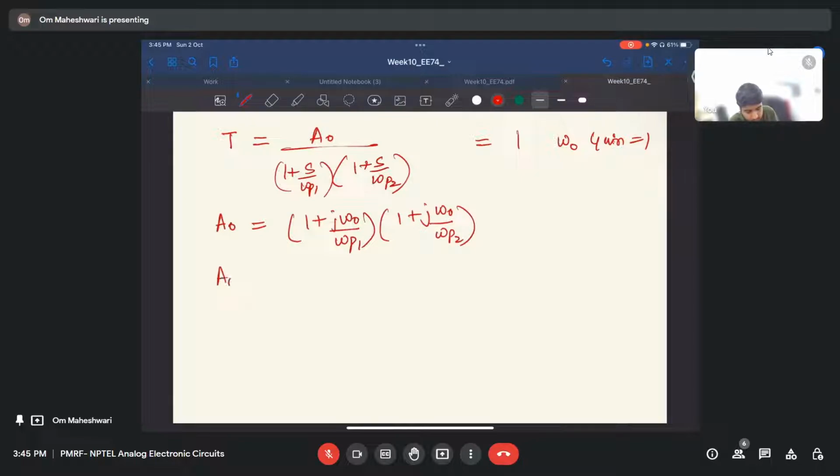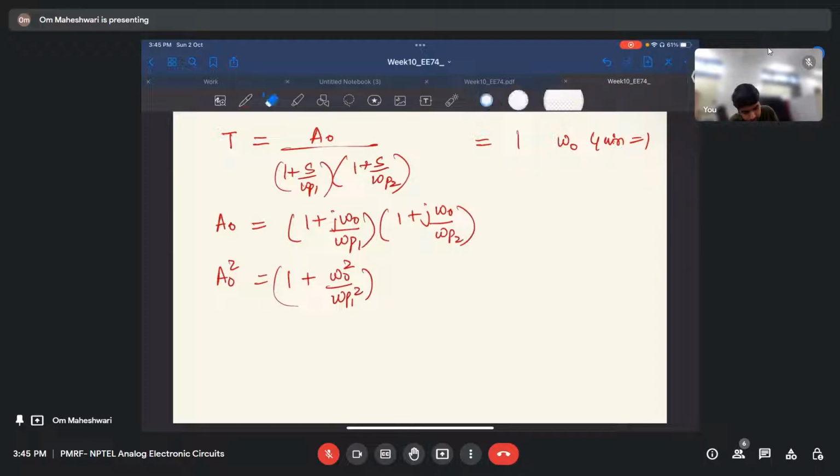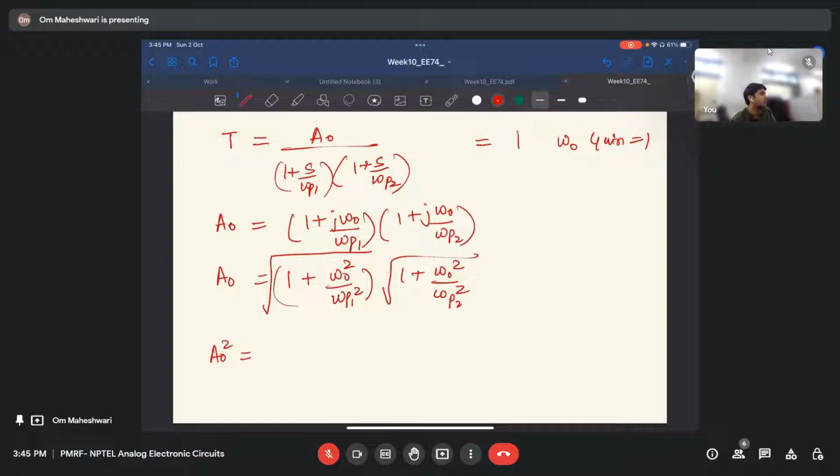If I take the magnitude, a naught square equals (1 plus omega naught square by omega p1 square)(1 plus omega naught square by omega p2 square). Let it be left like this only. This is A naught. If we try to actually solve for omega naught here, it will be very difficult, so we will not take that approach. We'll try to solve it somewhat differently.